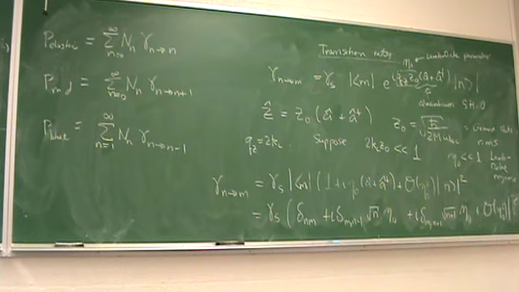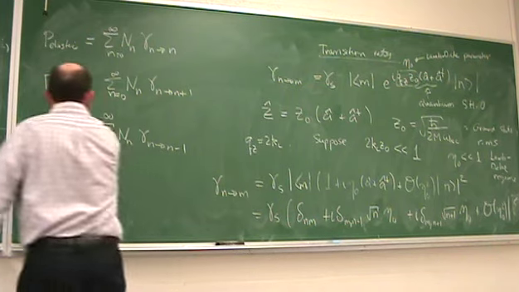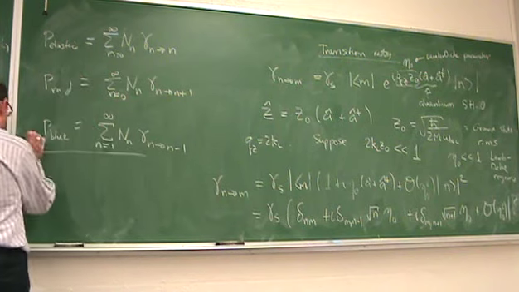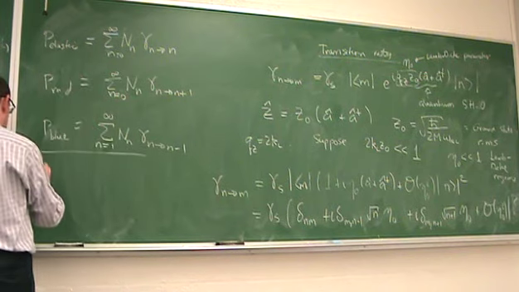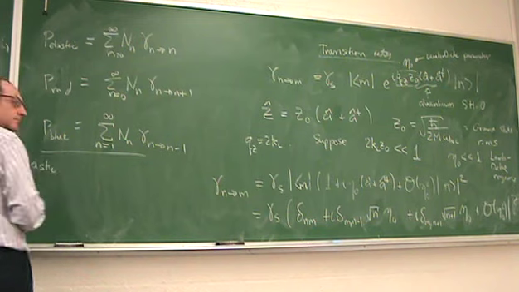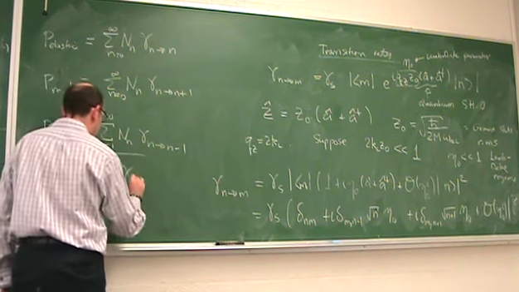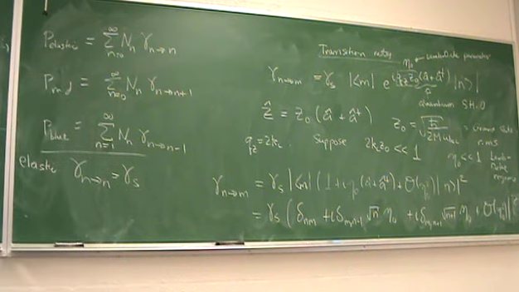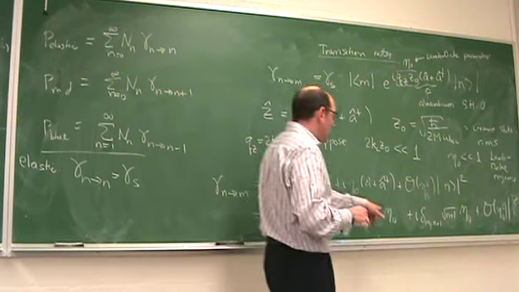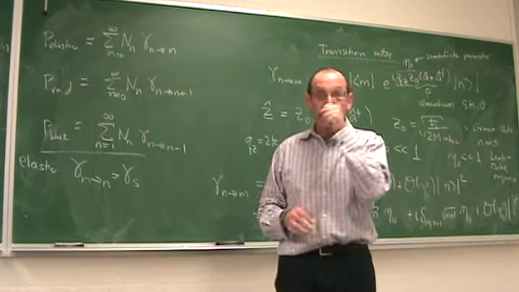Okay, so what do we conclude from this? Well, what we see is that the rate of elastic scattering is the bare scattering rate. But the rate at which I scatter up or down a level is reduced by an amount that depends on the square of the Lamb-Dicke parameter.